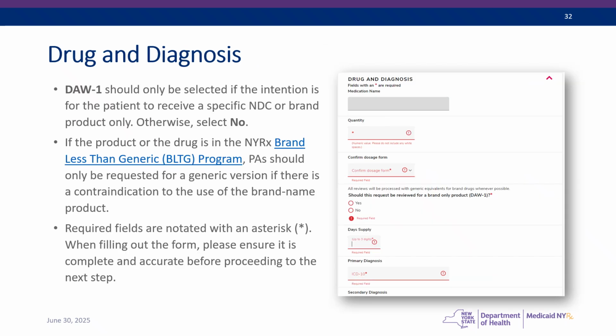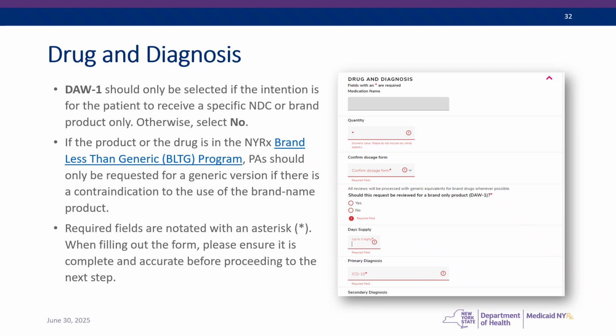On the drug and diagnosis form, you'll need to provide complete and accurate information for the following. Only select DAW1 if the intention is for the patient to receive a specific NDC or brand product only.